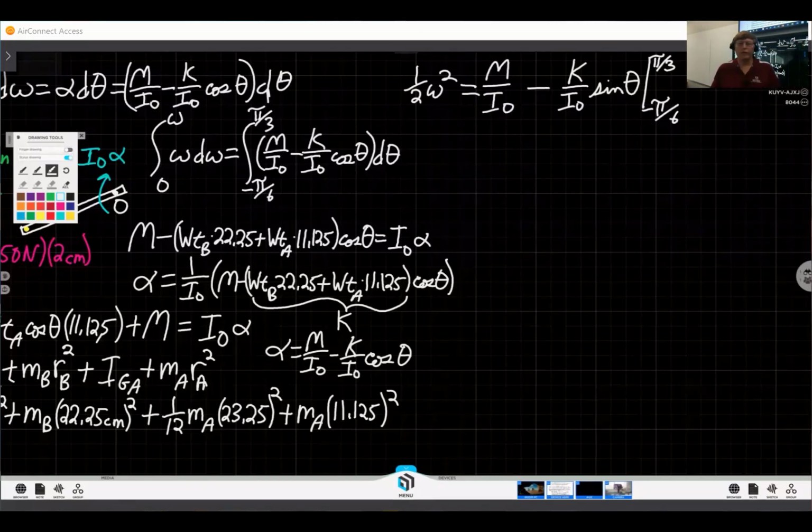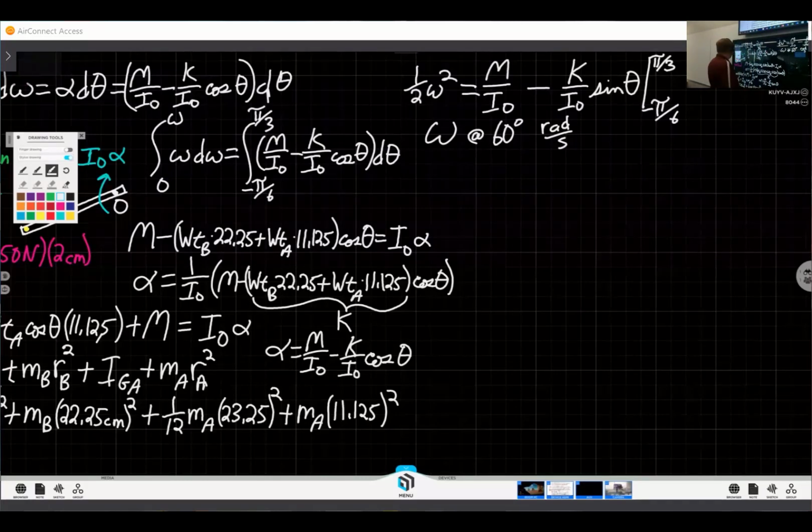If the derivative of sine is cosine, then the integral of cosine is sine. Thank you very much. So we have here what omega is when we launch. Omega at 60 degrees, some radians per second, is what you're getting.